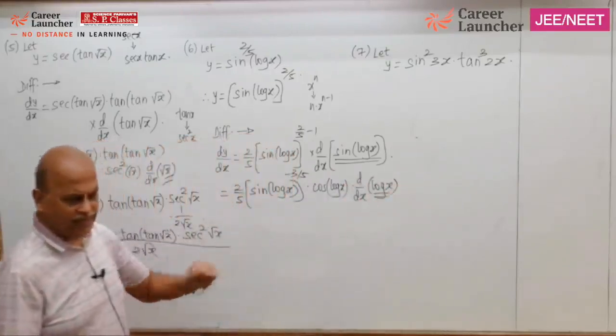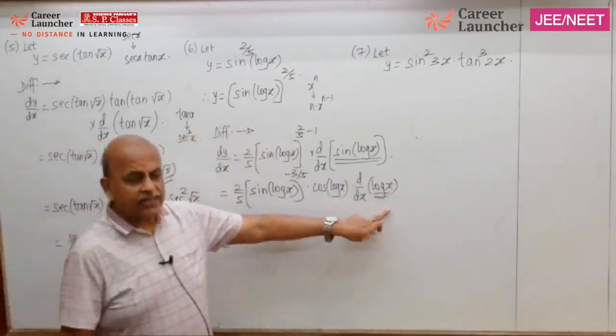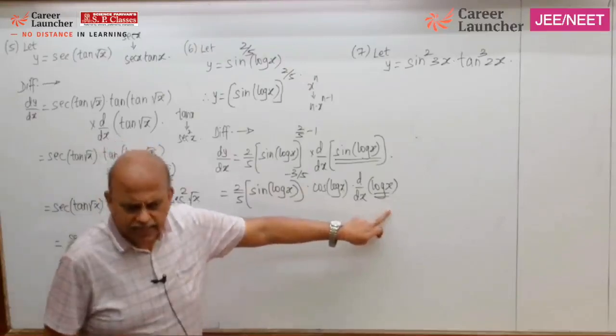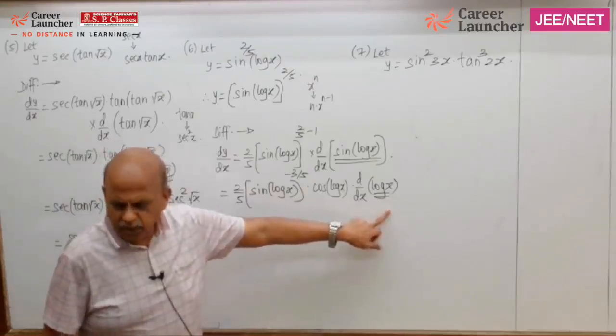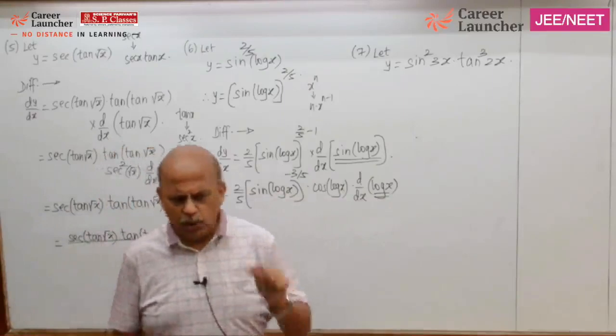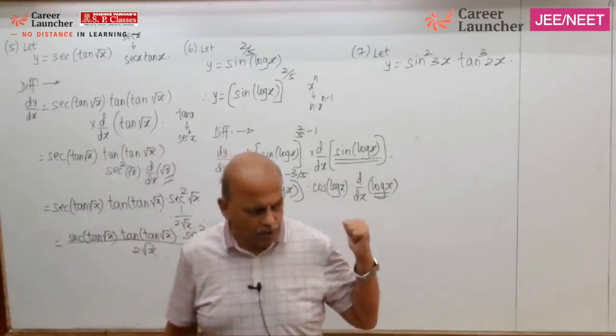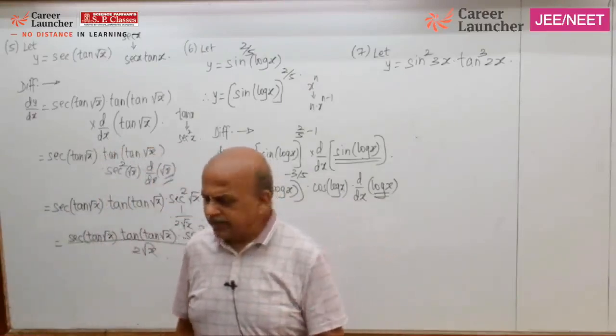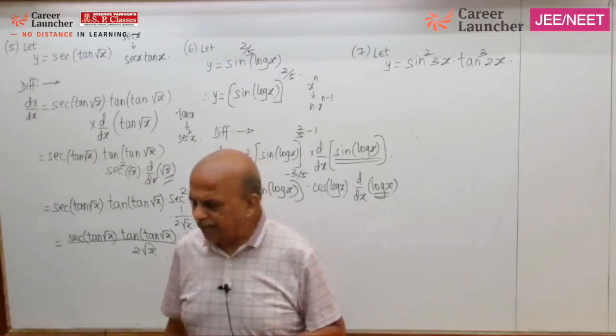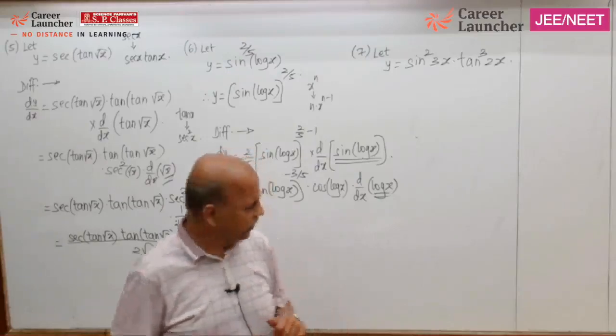And now tell me in the last step, what is the derivative of log x? Now log x is a direct formula. So we need not make use of the chain rule. See, you have to decide when to use the chain rule. Chain rule not to be used. Why? Because log x has a direct formula. What is the formula for log x? 1 upon x.